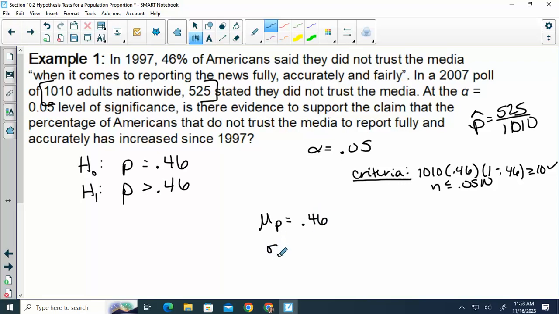Our standard deviation is the square root of p times 1 minus p over n. And I get 0.0157.